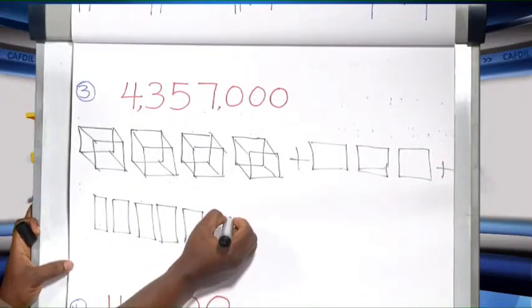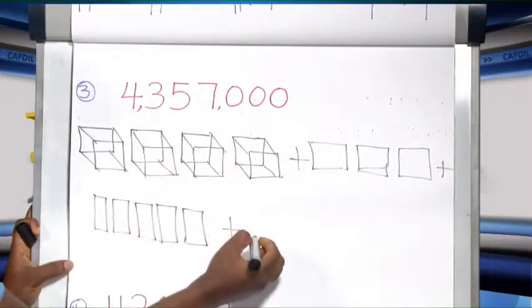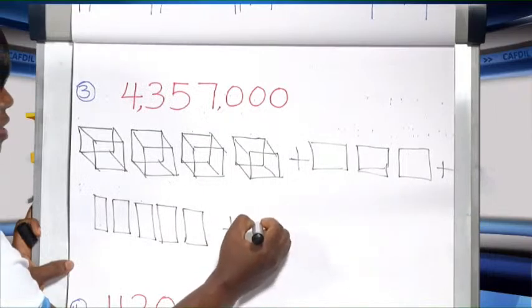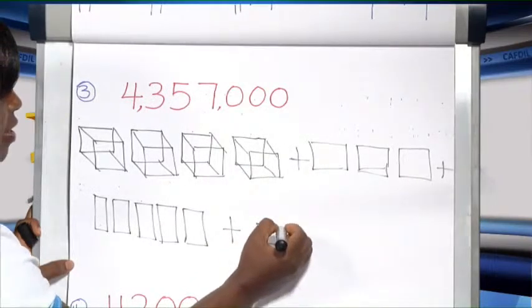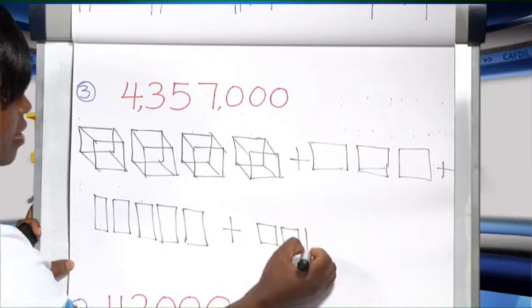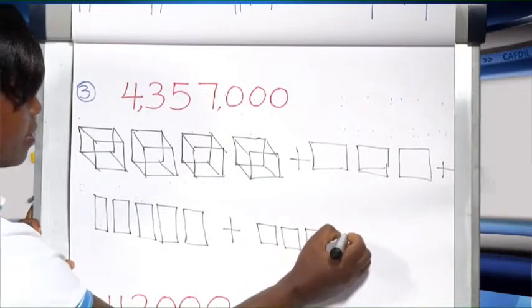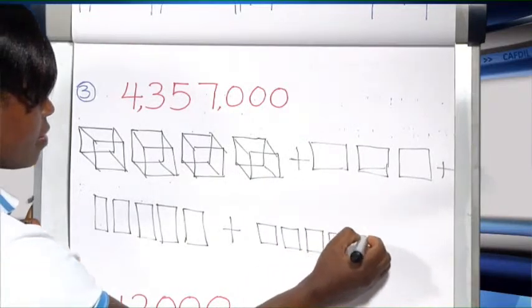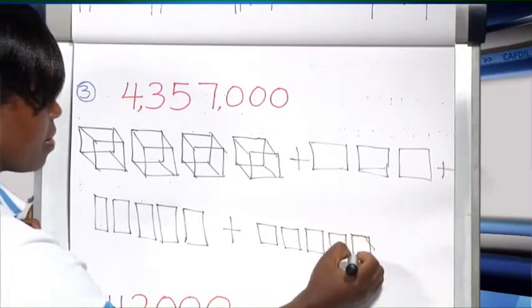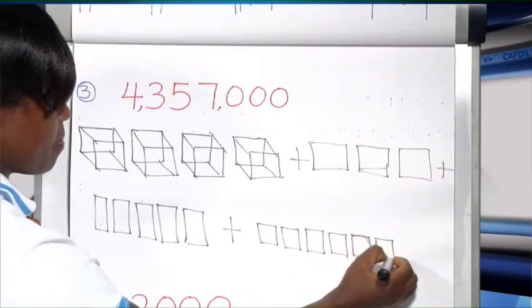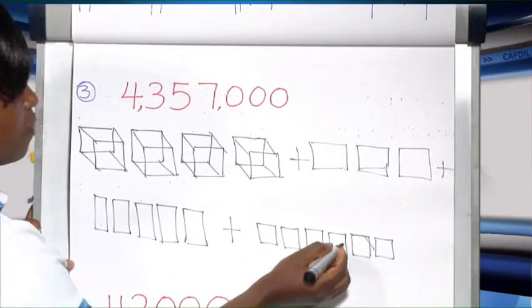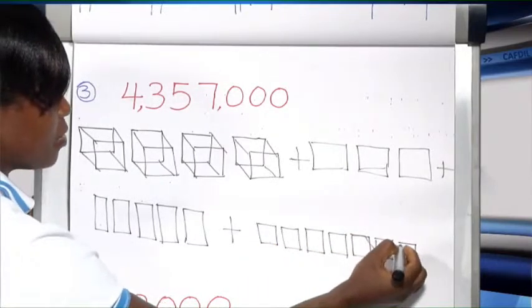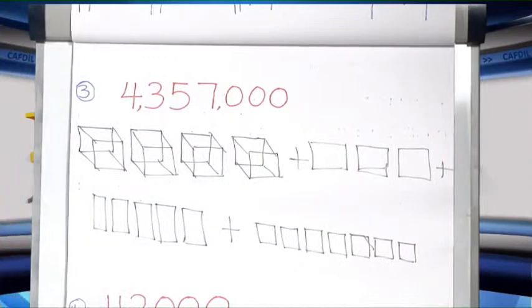And the last one, which is the units, 7 of the units. 1, 2, 3, 4, 5, 6. And the last one, 7. We have modeled this number. Let's look at this one.